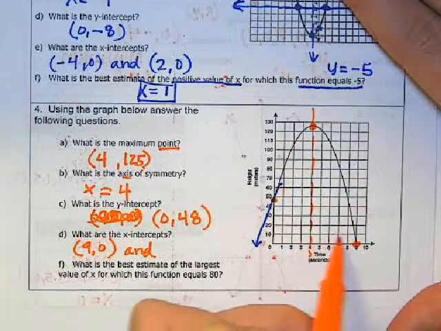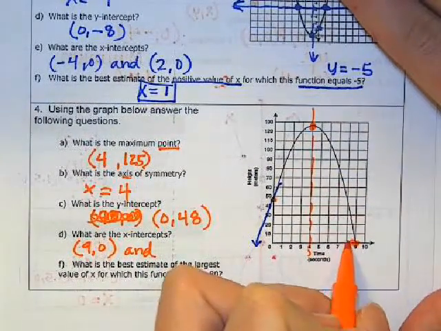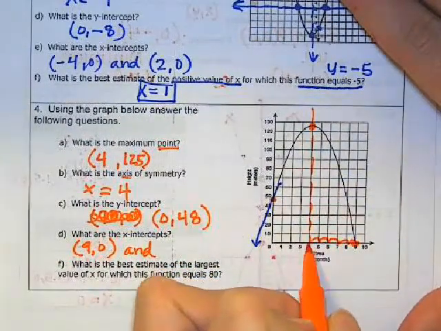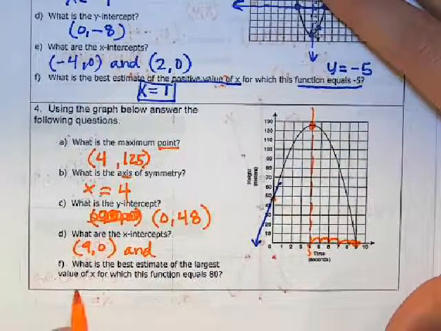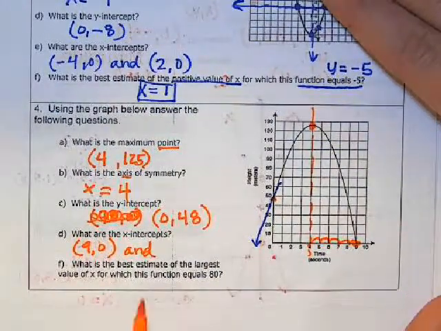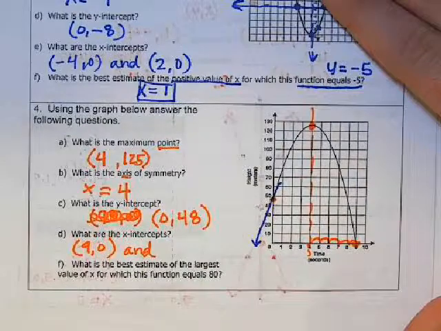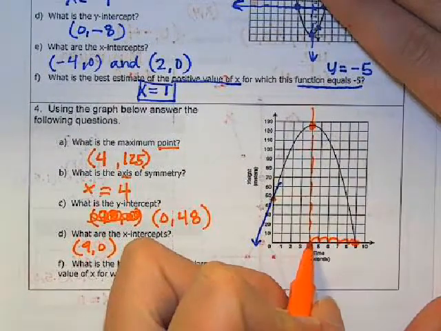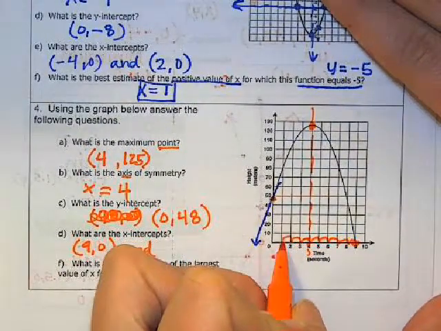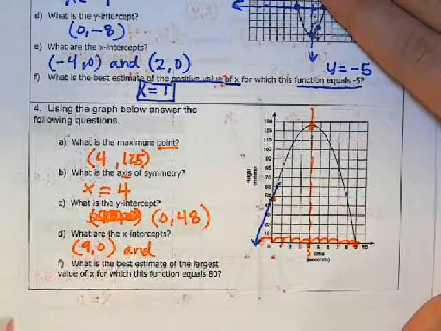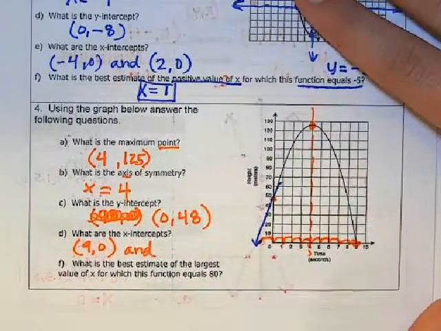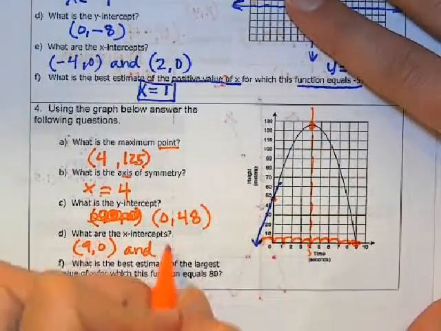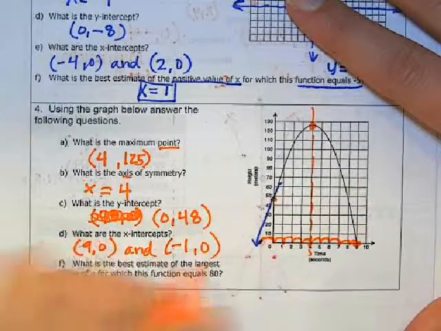So this dot is 1, 2, 3, 4, 5 away from the axis of symmetry, and the other side has to be the exact same. How many jumps would I need to make? 1, 2, 3, 4, 5. So at 5 jumps, what would my dot be? -1. So -1, 0.